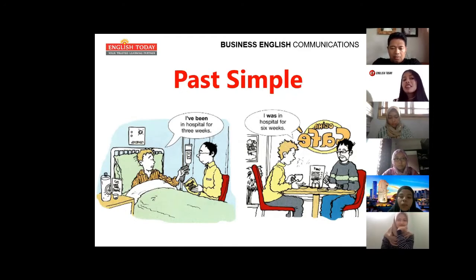So if you say to your friend, "I've been in hospital for 3 weeks," just like the one in the picture, it means you are still sick, you are still in hospital, and the total days that you have been there are 21 days. From 3 weeks ago until now, you are still there. I've been in hospital for 3 weeks until now.